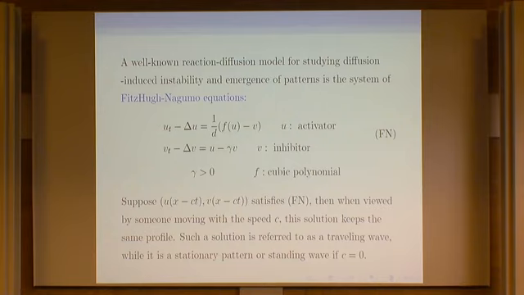So assuming that you have a solution in this form, okay, so this is a function moving with constant speed c and keeping the same profile at all times, and so this is a well-known solution, the so-called traveling wave.